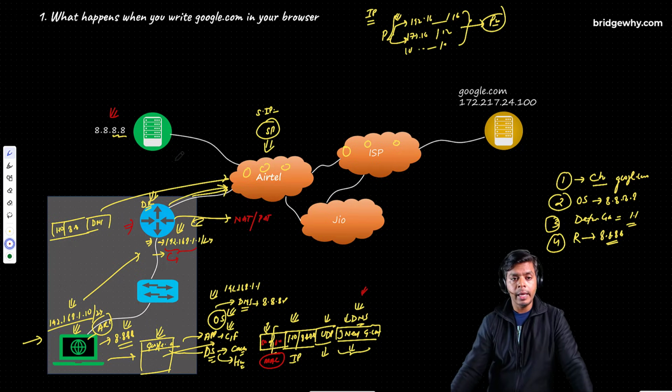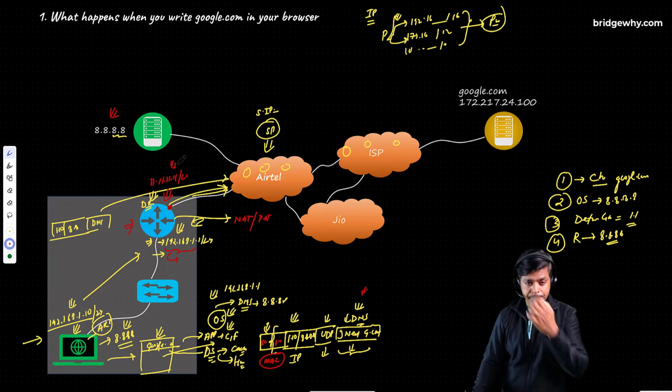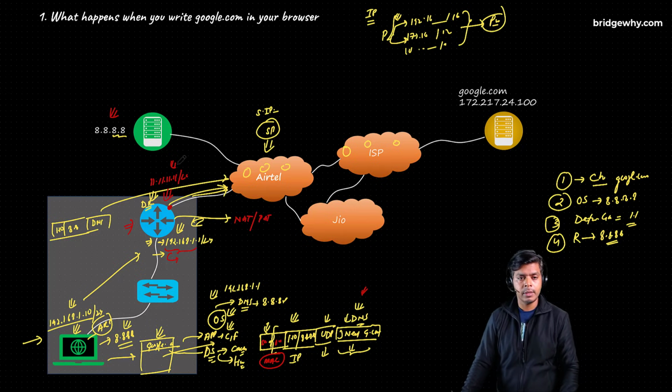When you go to Airtel, Airtel is going to assign an IP address on the outside interface which is connected to the internet, and surely they will be giving you one public address which is, say, 11.11.11.11. I am taking an arbitrary IP address, but I know this is a public address.